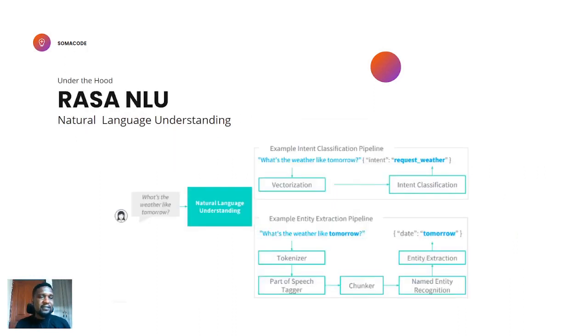Basically, you text something like, let's say, what's the weather like tomorrow. Then the bot has a built-in natural language understanding module that will understand what you are telling it, and then it will respond back with a constructive message.